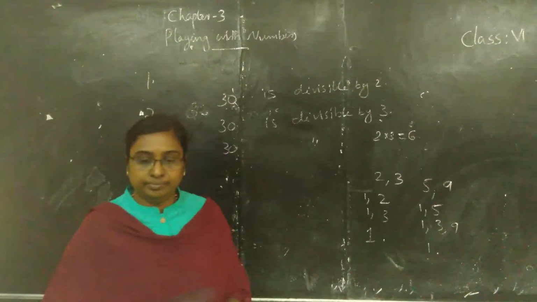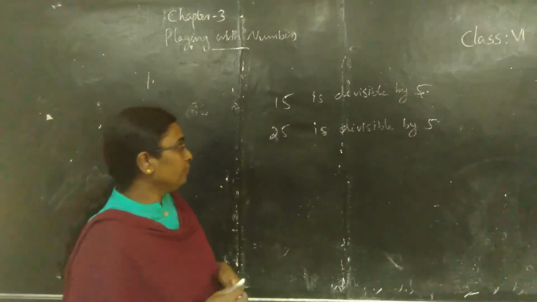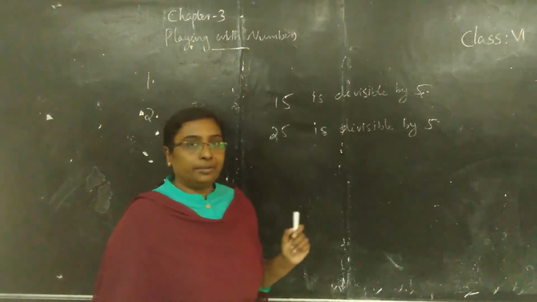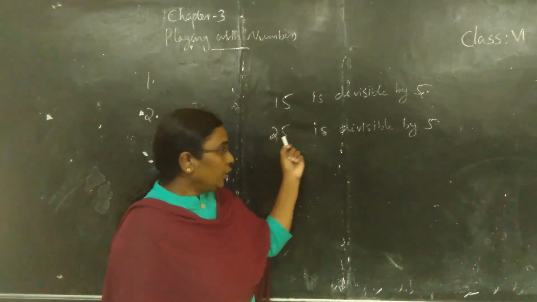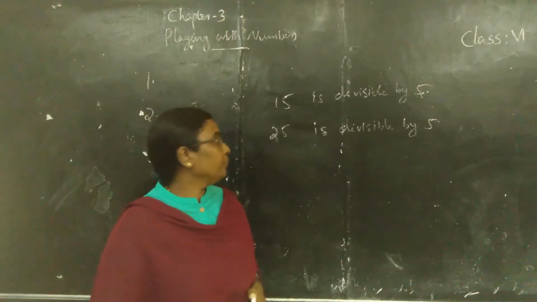Then the third one. The third rule. Look here, consider an example. We know that 15 is divisible by 5 and 25 is also divisible by 5. We know that, isn't it?